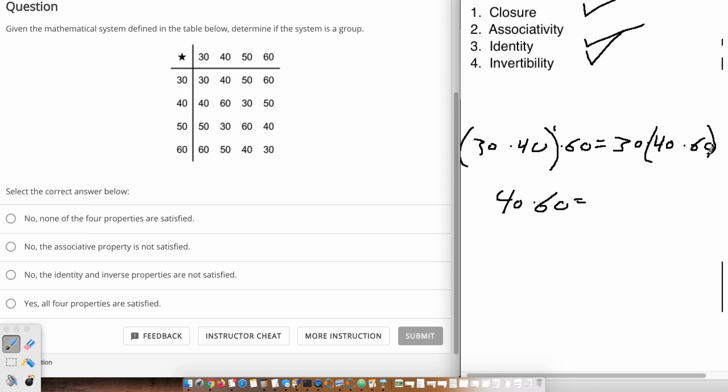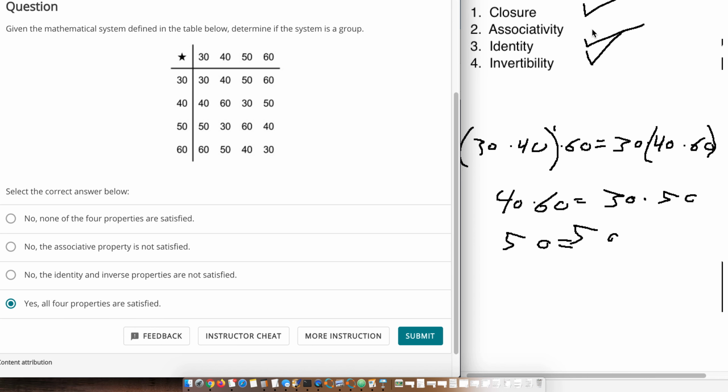Then 40 on the row, 60 on the column gives us 50. 40.60 gives us 50, and then 30.50 gives us 50. It looks associative. I've done two examples, so this is still in question.